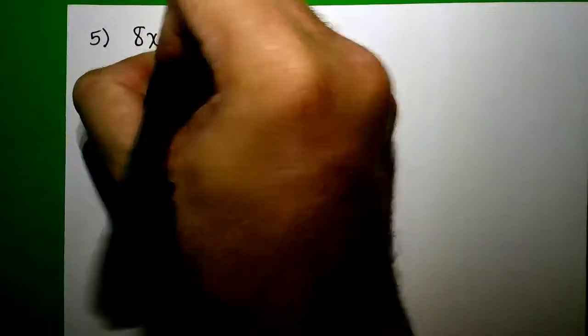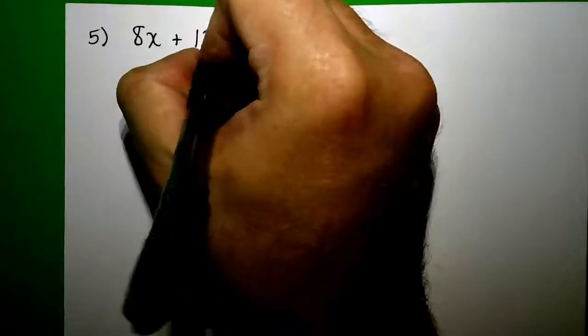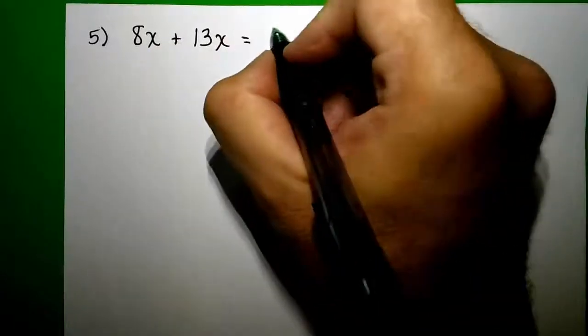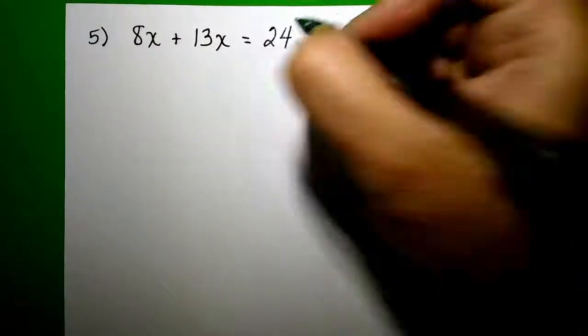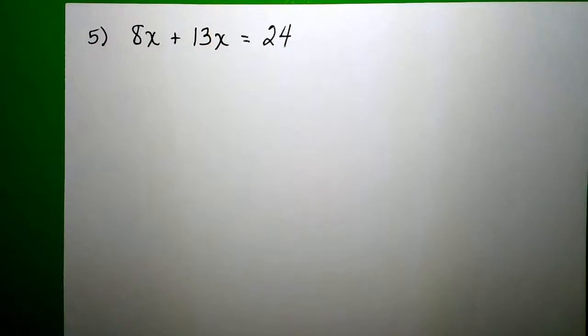8x plus 13x equals 24. How does this differ from the other ones?